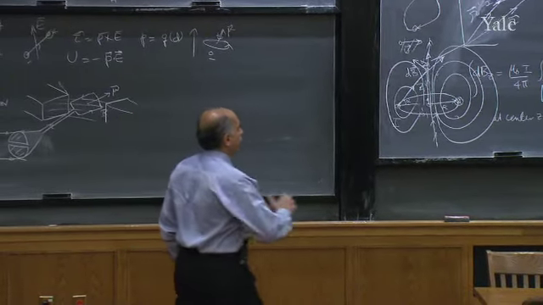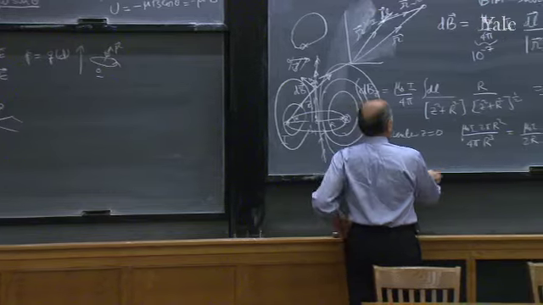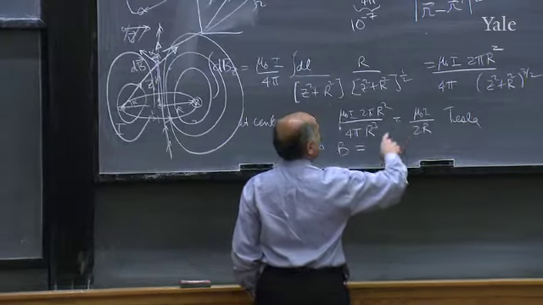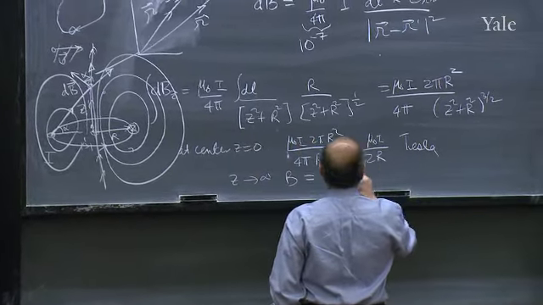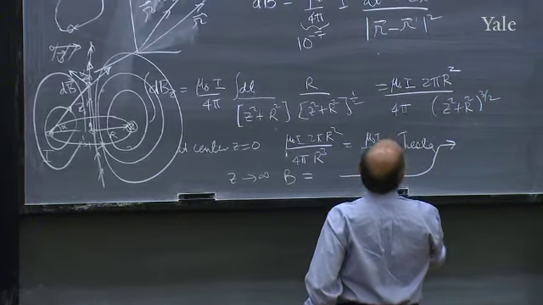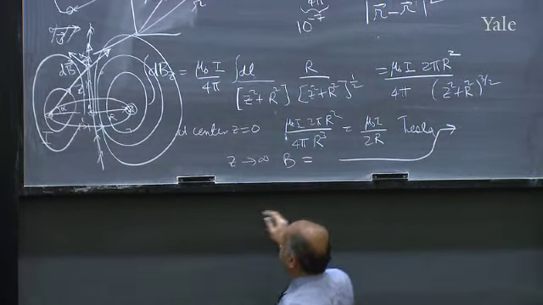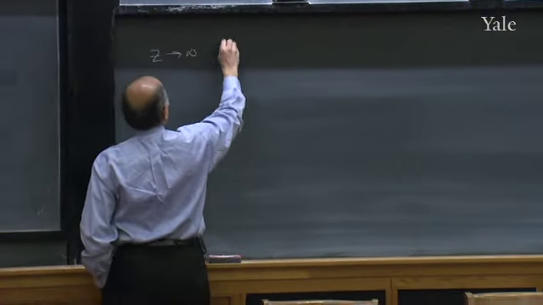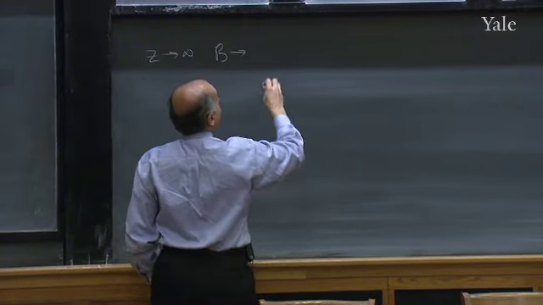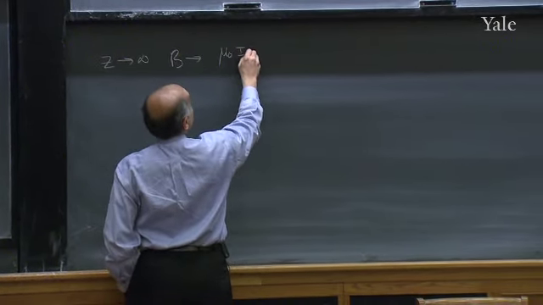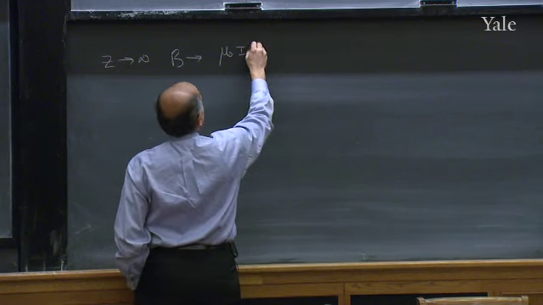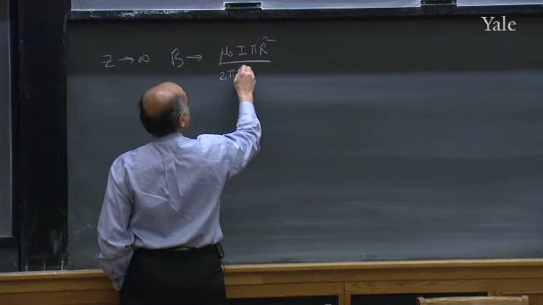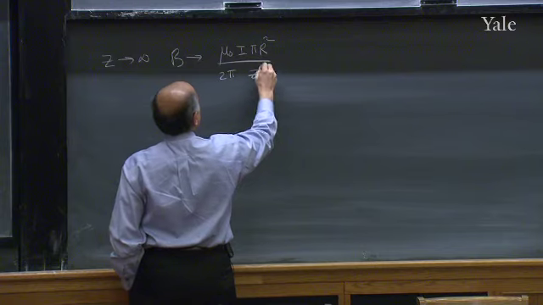In fact, if you go to very, very long distances, when z goes to infinity, what does B look like? You go to the formula and let z go to infinity, you will get, maybe I'll do it again here. Z goes to infinity, B goes to mu 0 I pi r squared divided by 2 pi z cubed.